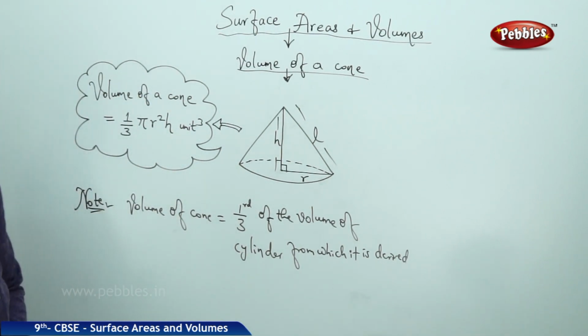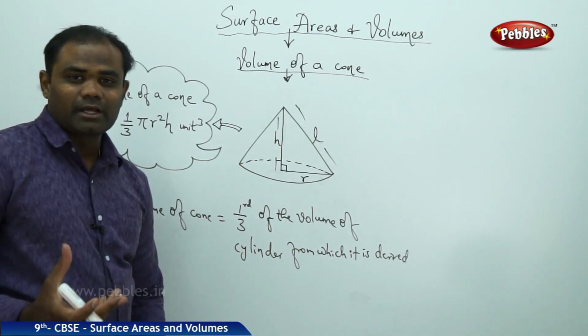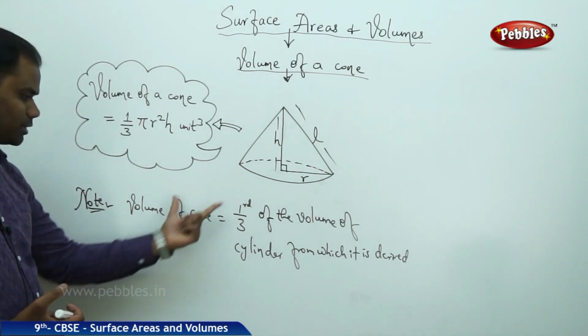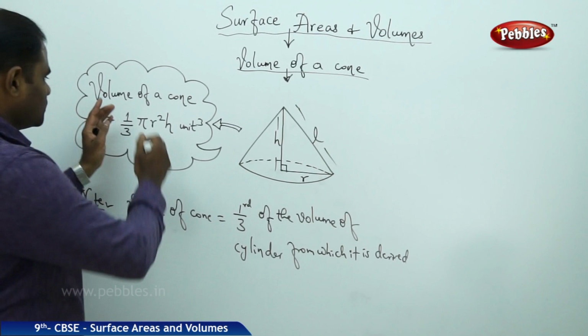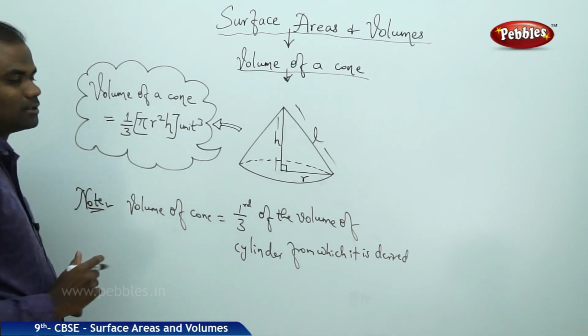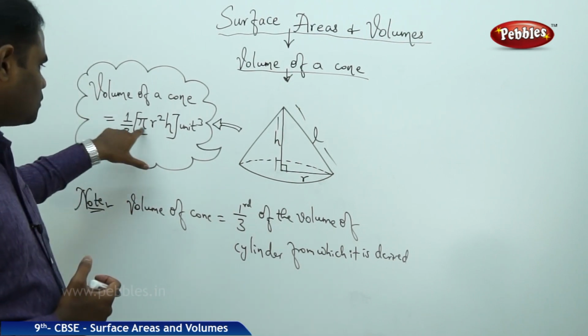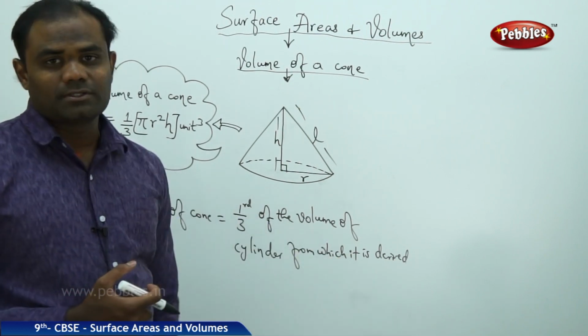This is very important to understand because we understand a cone being generated from a cylinder. So volume of a cone is always 1/3 of the volume of the cylinder, which we already discussed in the previous session as pi r square h. So 1/3 of volume of cylinder from which it is derived.